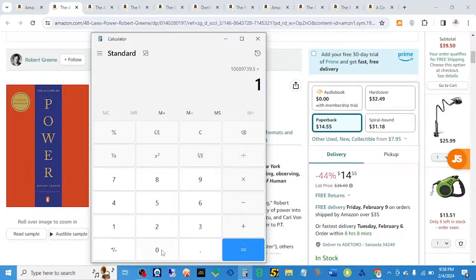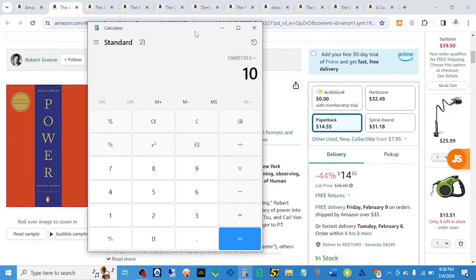Amazon will take 40% commission while you own 60% in some cases. In some cases it used to be 70-30, but for paperback it used to be 60-40.